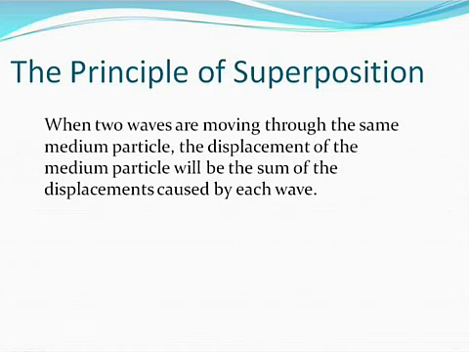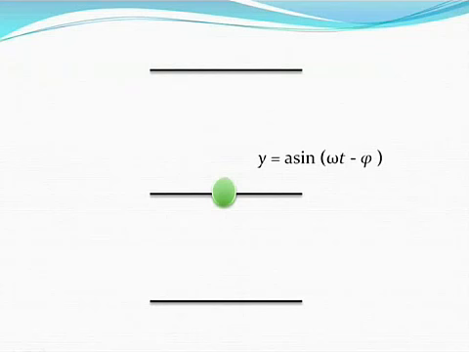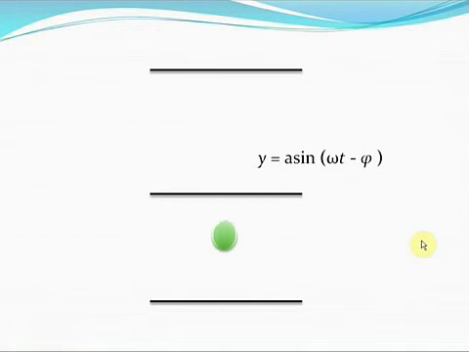So have a look here. Let's say there's this wave which is causing a displacement y equal to a sine omega t minus phi in a medium particle, like this. Now what will happen if there's another wave exactly similar to the first wave, like this, y equal to a sine omega t minus phi?